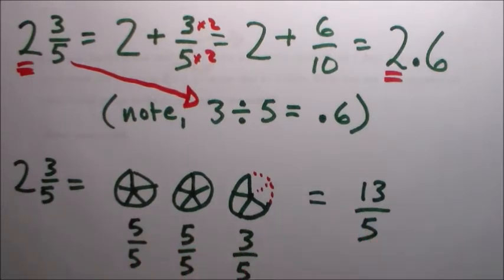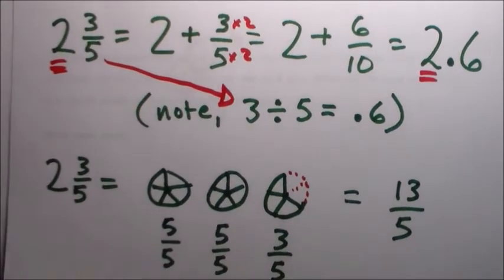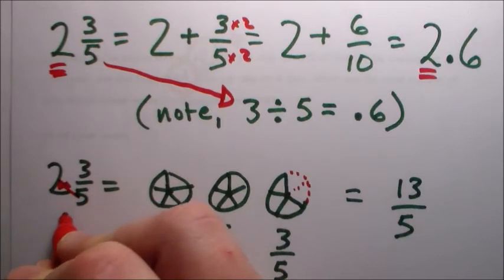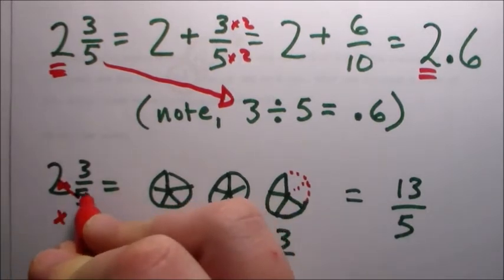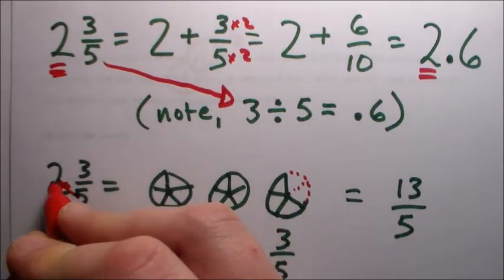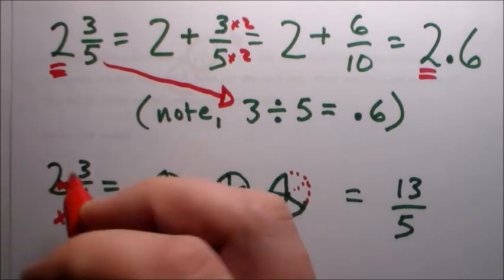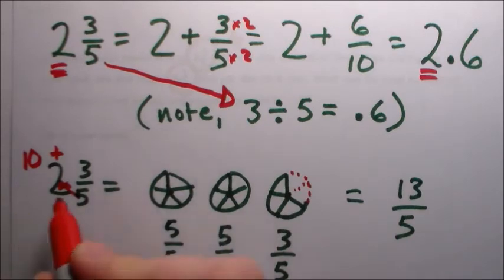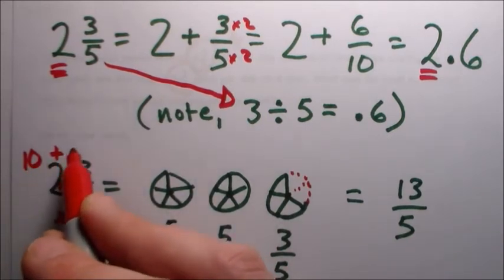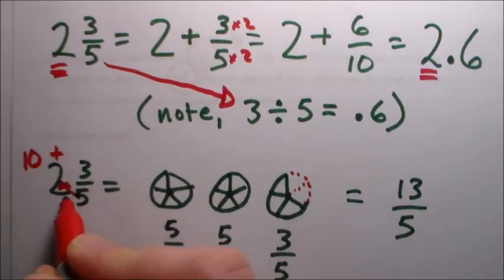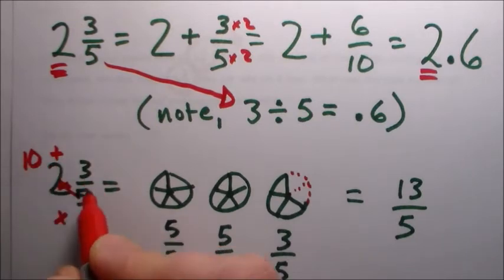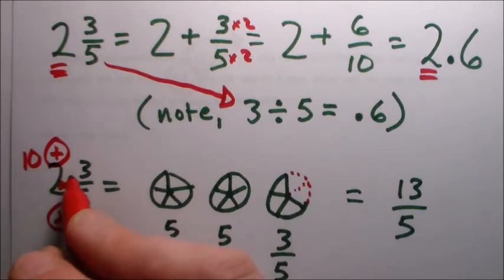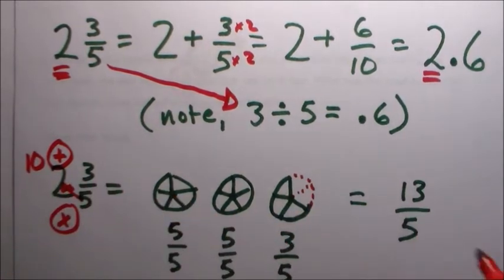And if you want to do that with the algorithm, which is like a fancy way of saying formula, you can do 5 times 2, the denominator multiplied by the whole number. 5 times 2 is 10, plus 3 is 13. So multiplication going this way, addition going that way. You multiply, and then you add. So 5 times 2 is 10, plus 3 is 13, and you get 13/5.